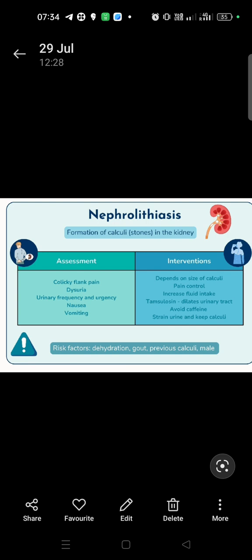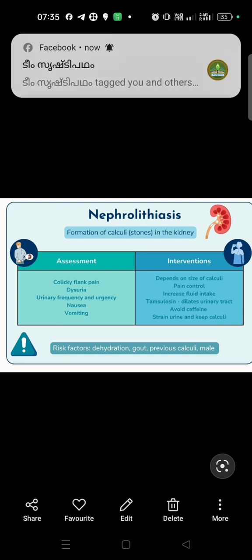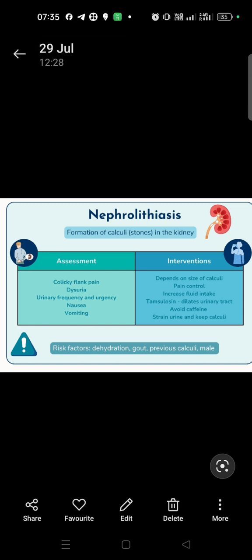In NCLEX case study questions, they may ask like this: the patient has been brought to the emergency department with colicky flank pain since one or two days, and he also has dysuria, urinary frequency and urgency, and complains of nausea and vomiting.